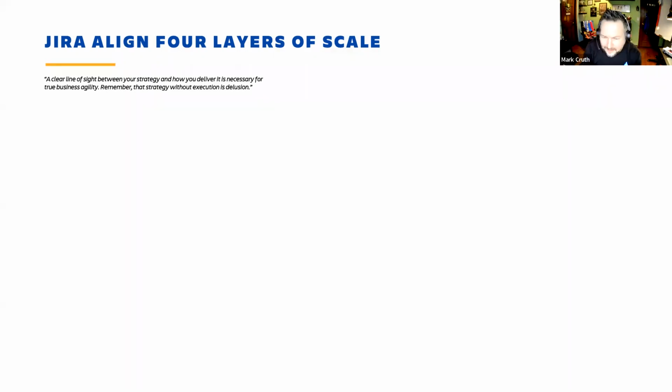But if you're familiar with other scaling frameworks, Scrum at Scale, Nexus, these sorts of things, they're all leveraging similar constructs in terms of how they work, all having groups within groups of groups, or teams of teams within teams of teams. All of them use the same constructs. And so for Align, we just base ourselves initially off Scaled Agile, but we have many customers who use it across many different frameworks.